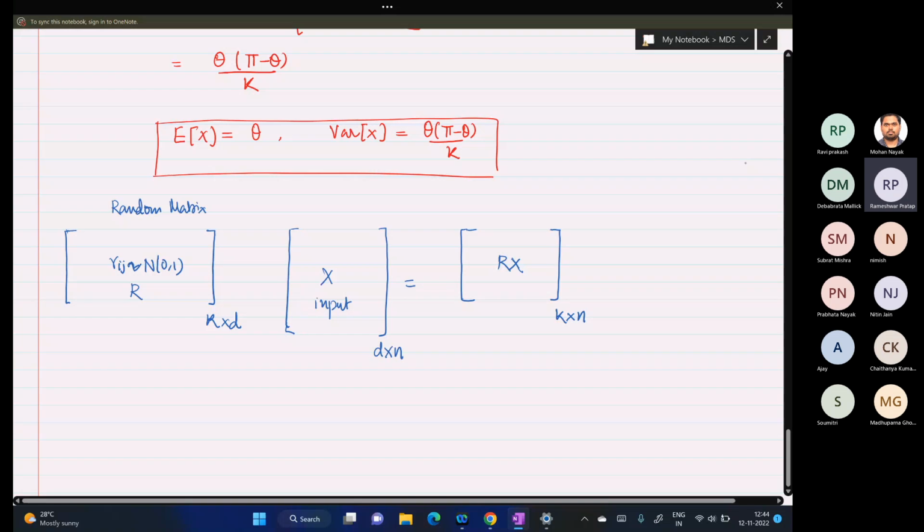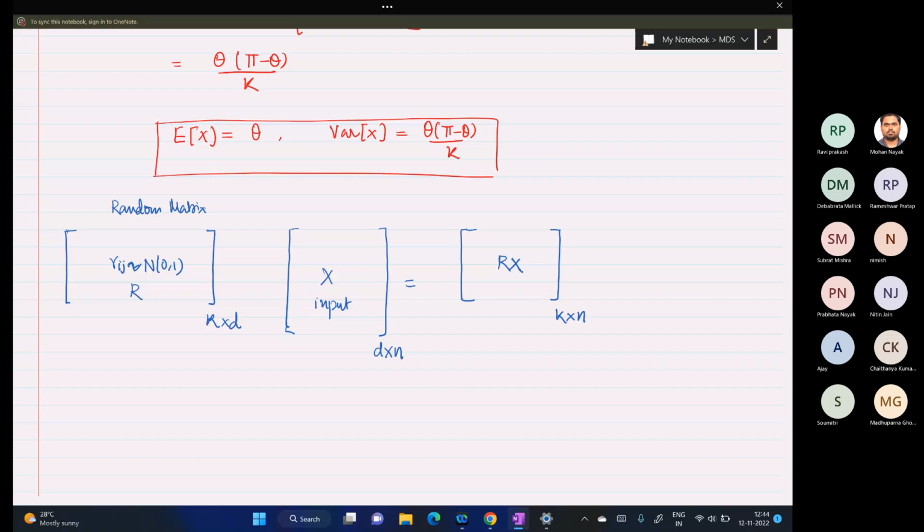So here, what do you think we need to do so that the resultant thing works as SimHash?